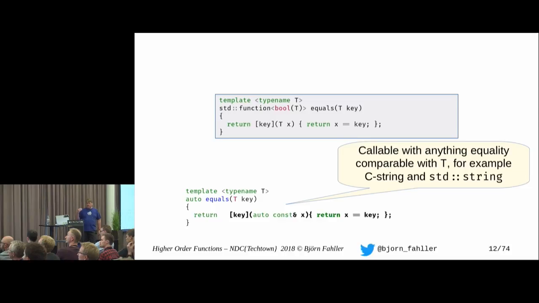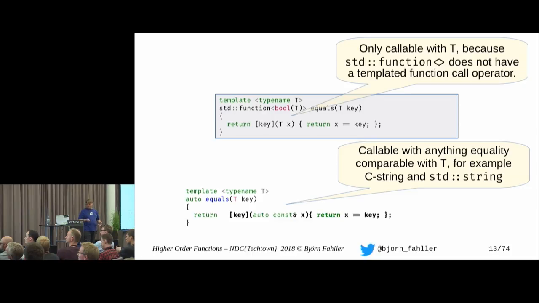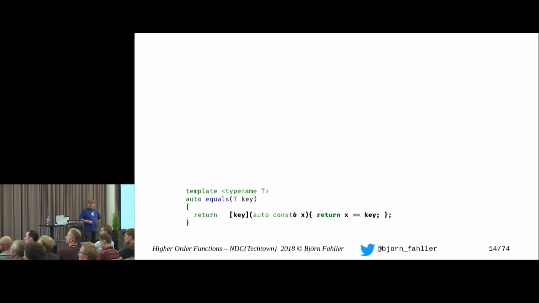So, for example, if I call this function equals with a const char*, a string literal, you will not be able to call the returned lambda, or the returned std::function if that is what you use, with a std::string, because a std::string is not a const char* and it's not implicitly convertible. So these are not really the same, even if you don't care about the overhead. So use the auto-return type to return lambdas.